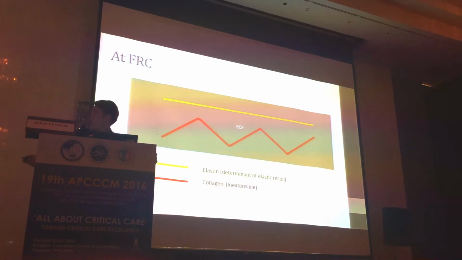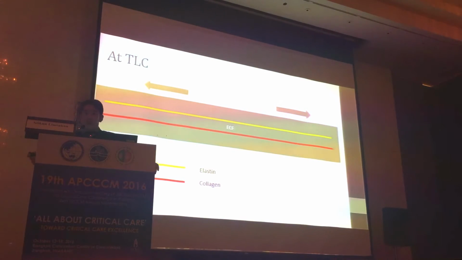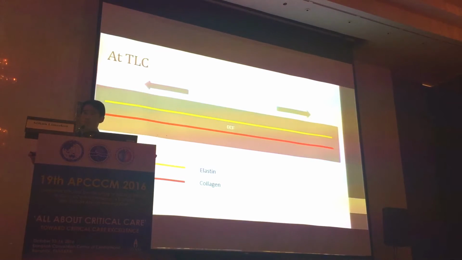At the total lung capacity, when we apply external force to stretch them out, for example from a big breath of mechanical ventilation, both fibers will be stretched out, and the collagen, which has no deformation capacity, will act as a stop length. With the force applied, the elastic fibers will have tension and elastic recoil potential to return to the resting position.